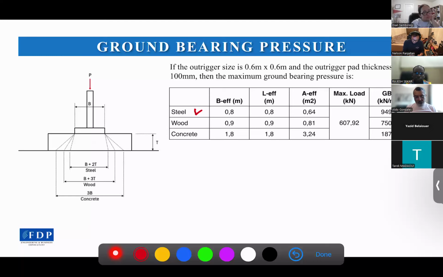If it's steel, and the original outrigger here is 0.6 and the thickness is 100, then the effective area or the effective length is no longer 0.6 meters, but now it's B plus 2 times the thickness. B effective is 0.6 plus 2 times 0.1, where 0.1 is the thickness.